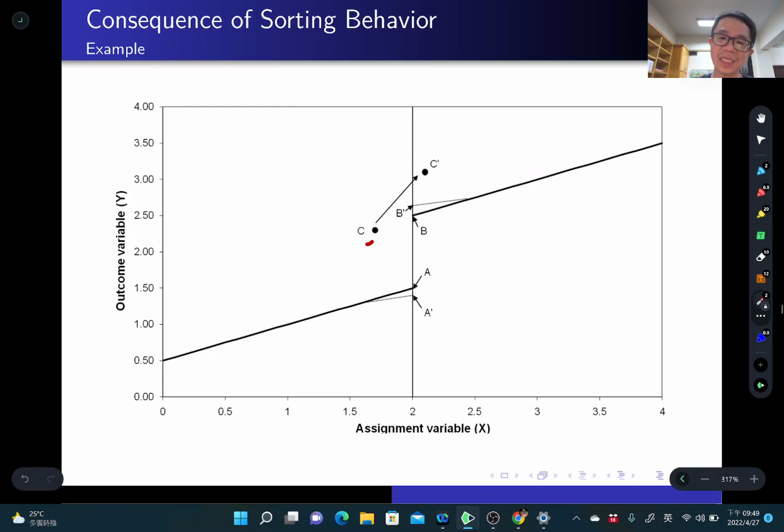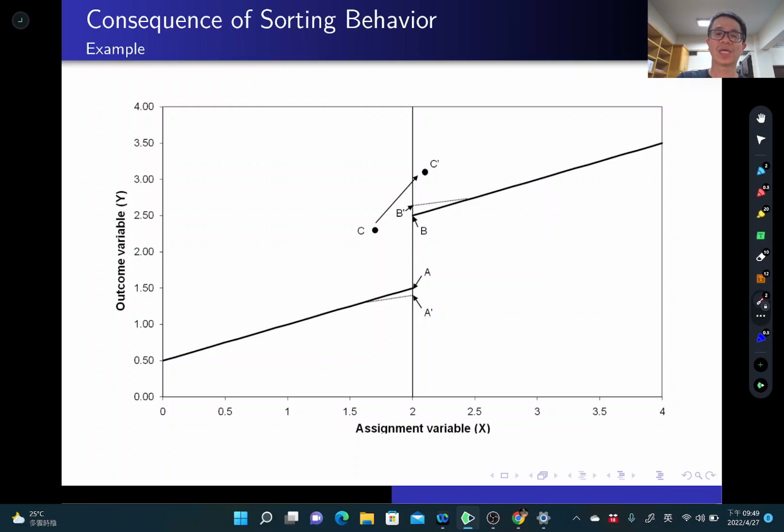And C, the individual C, actually their outcome is also above, or more than, the average outcome for the people right below the cutoff. So if he moves to this place, the intercept estimate will become A prime, which will decrease, because these guys on average have outcomes higher than the people who are around here.